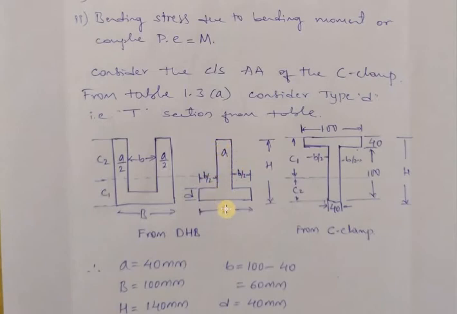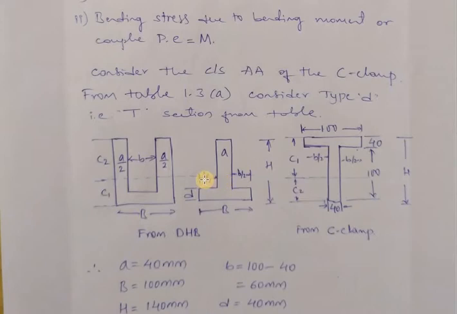For this T section, the width is given as capital B, and the total height is given as capital H. This width is given by small a, and this is small d, the depth, and the remaining length is given by b by 2, b by 2. This figure can alternatively be drawn like this, where this is the width b.